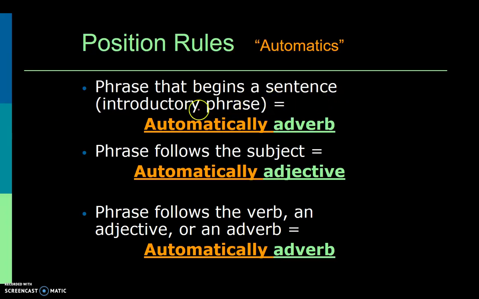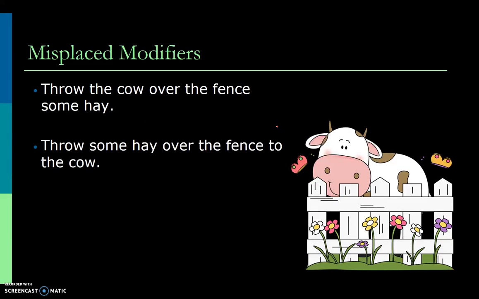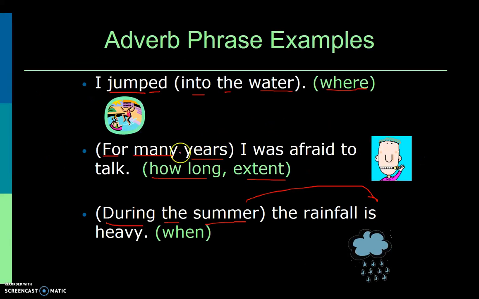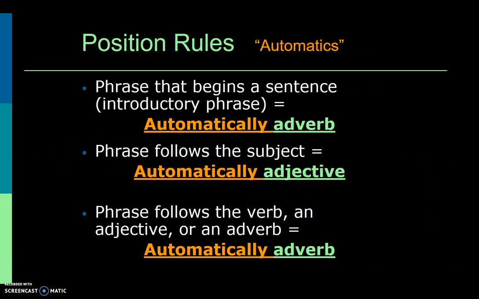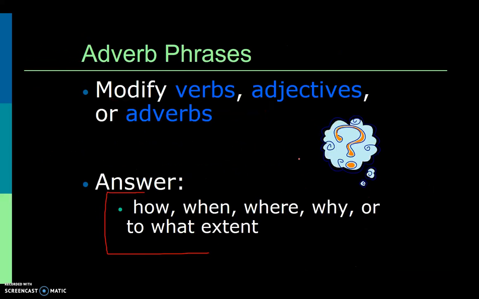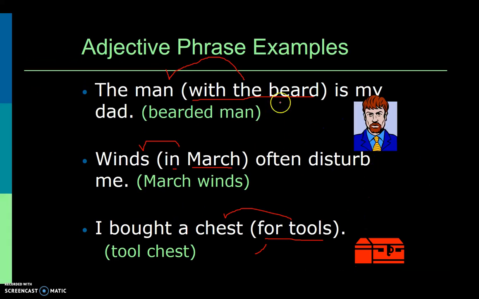Now, speaking of positions, there are some position rules, and these are automatics. A phrase that begins a sentence as an introductory phrase is automatically an adverb. So if we go back to our examples here, this sentence has an introductory prepositional phrase, and so does this one. They are both automatically adverbs. A phrase that follows the subject is automatically an adjective, and you can probably say follow a noun in addition to following the subject.